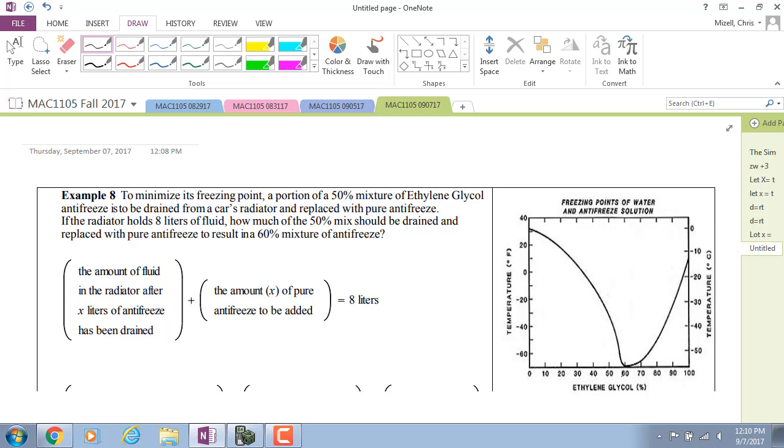Here's the idea. We drain X liters. So the radiator's sitting there with 8 minus X liters of 50% solution, and then we add X liters of pure antifreeze, and when we do that, we want a solution that's 60% antifreeze.